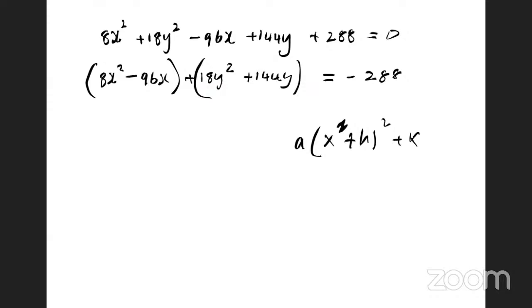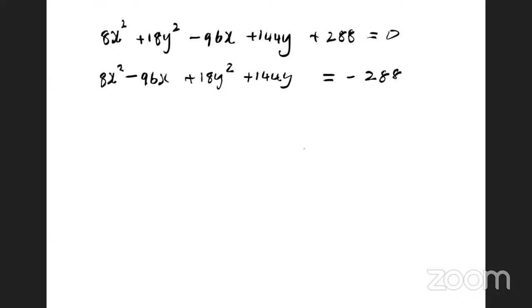Let me show you how we're going to do that. We're just going to use the formula for h and k. Just in case you all forgot, h is equal to b over 2a, and k is equal to c minus ah squared. So we're going to complete the square.